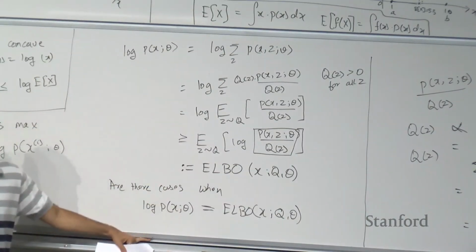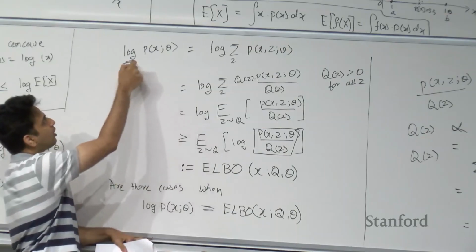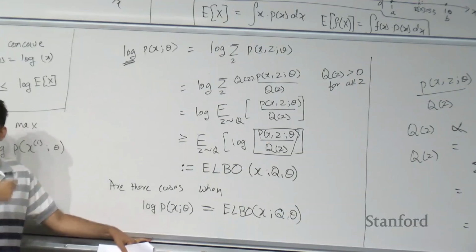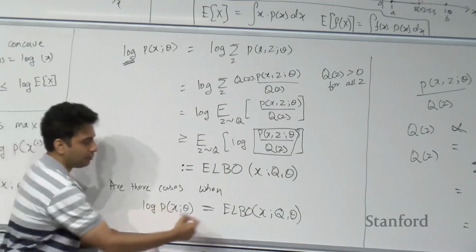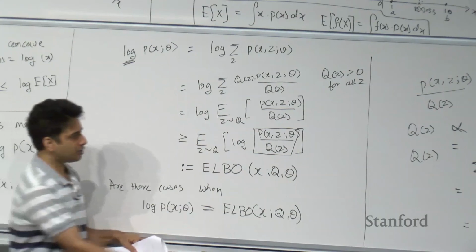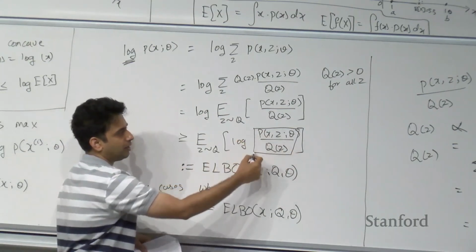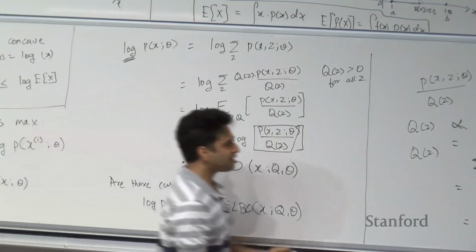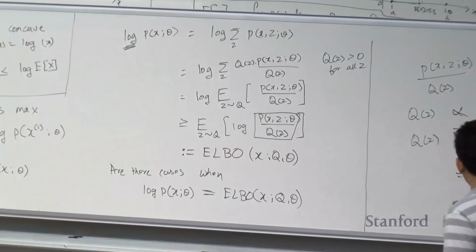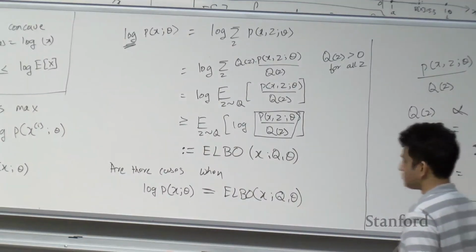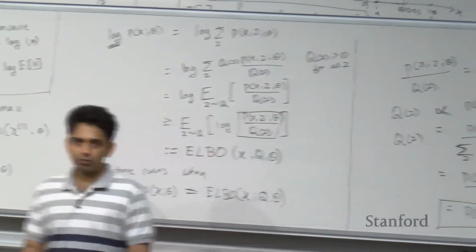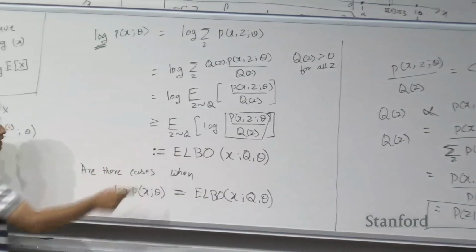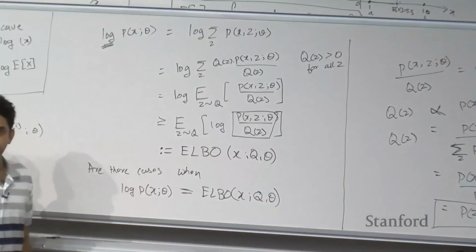Because log is strictly concave, the corollary gives us a condition when this inequality becomes an equality, and the condition is that this term must be a constant. For this to be a constant with respect to z, it is necessarily the case that Q of z must be equal to the posterior distribution of z given x. Whenever Q equals p of z given x at that value of theta, Jensen's inequality becomes an equality.